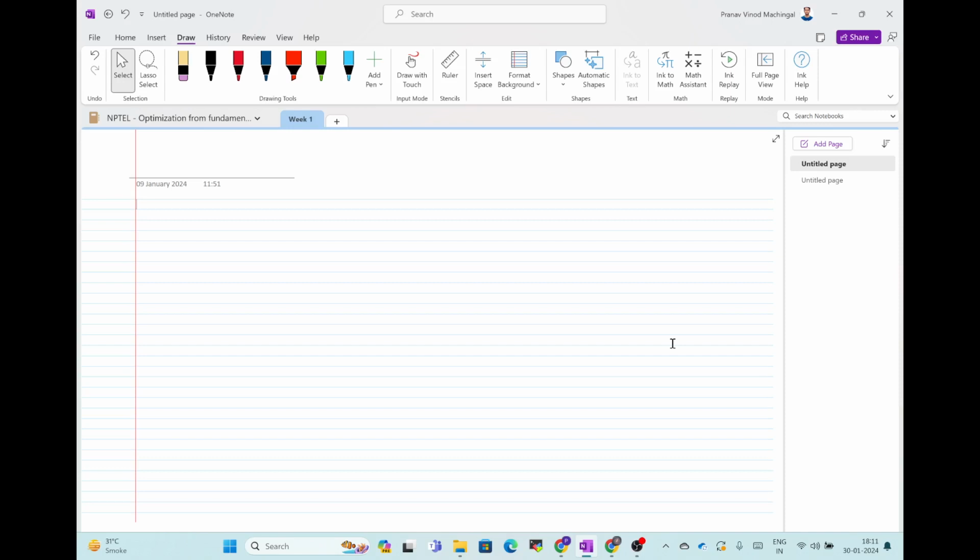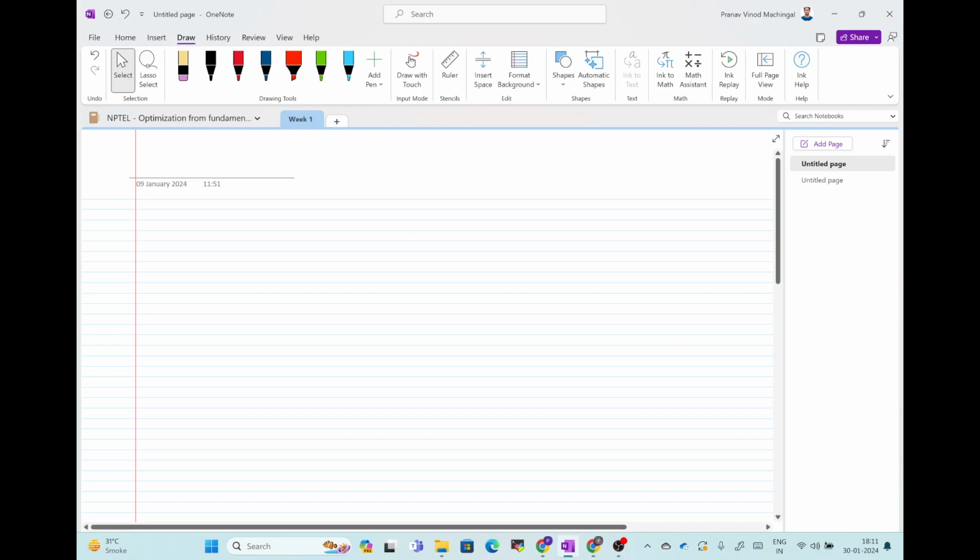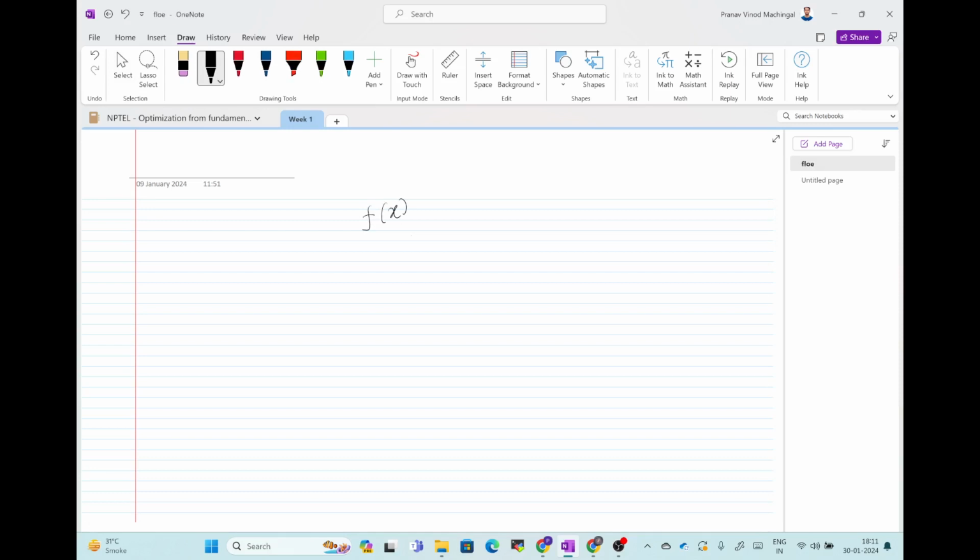So the basic components that it has are, first, your objective function. Let's call it f of x, and you want to minimize your objective function, let's say, or maximize this objective function. But there will be some constraints.